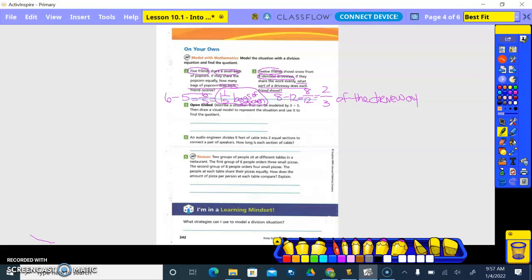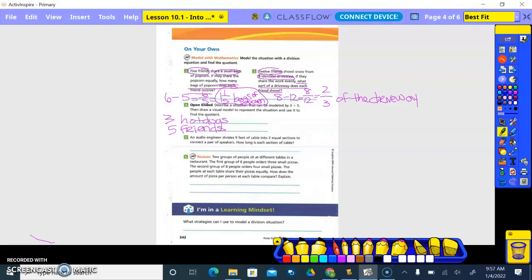Okay, so 3 hot dogs, 5 friends. So technically we could write out a word problem and say we had 3 hot dogs and there were 5 friends that needed to share them equally. How many did each one get, right? Or how much did each one get?